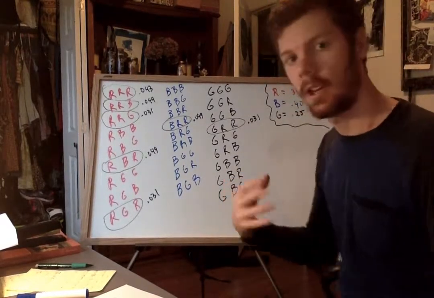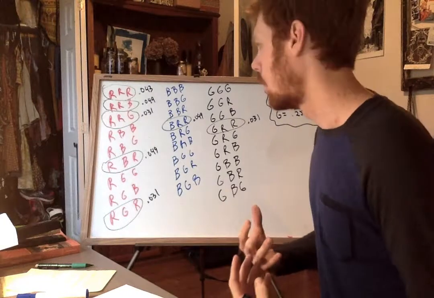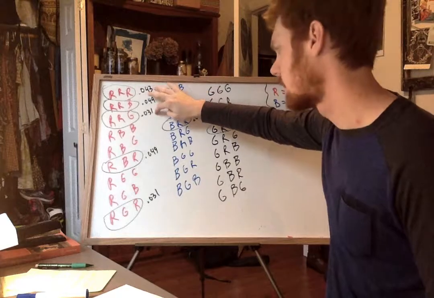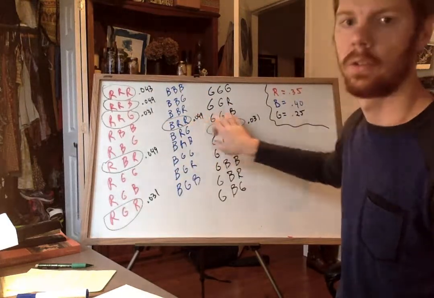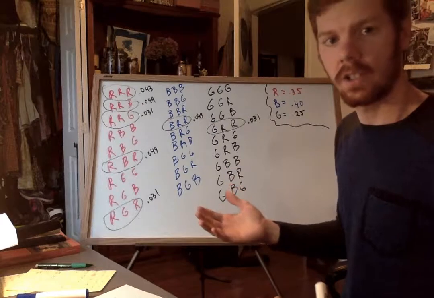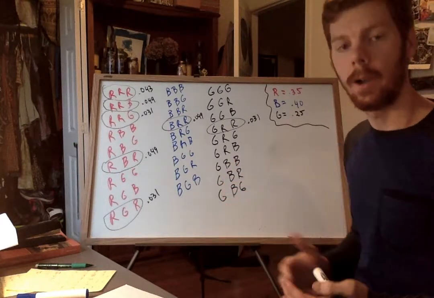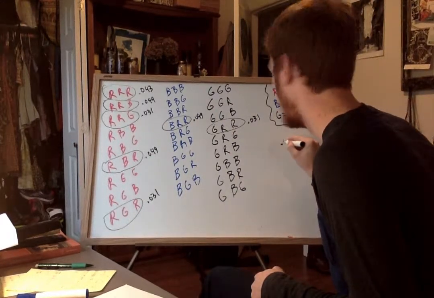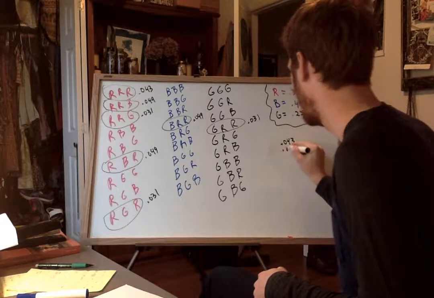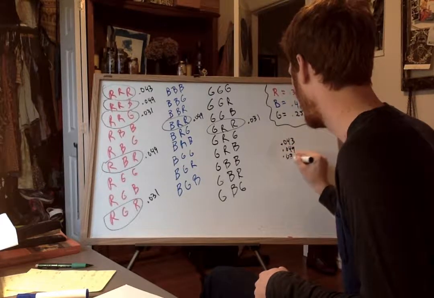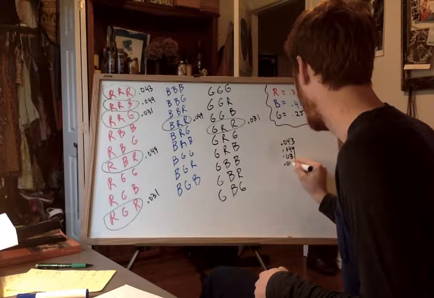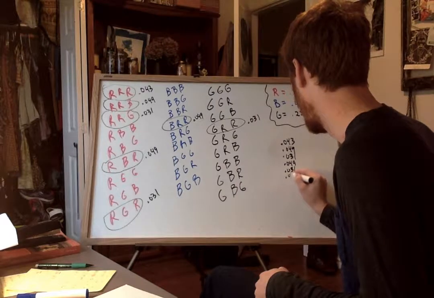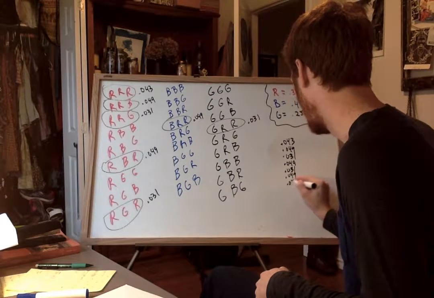So essentially, what we're asking ourselves is, what's the probability of getting this, or this, or this, or this, or this, or this, or this? Because any one of them will satisfy the at least 2 red marbles. So we add them up: 0.043, 0.049, 0.031, 0.049, 0.031, 0.049, 0.031.